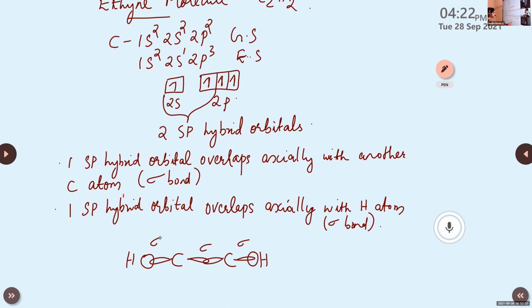So we can draw its structure, H-C-C-H. This is only the formation of sigma bonds. Then here you can see two unhybridized p orbitals, right? Two unhybridized p orbitals.